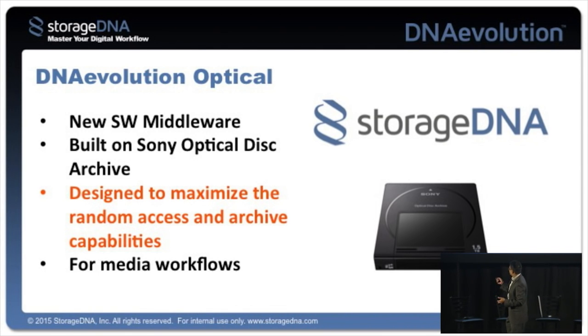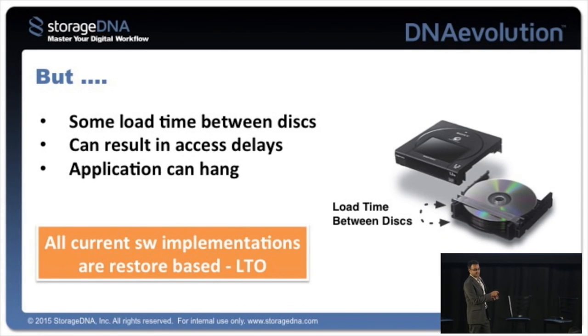One of the first things that we hit comes out of the fact that if you look inside an optical disk cartridge, it has 12 Blu-ray discs on it. Each one of these discs provides random access. But if I have files that are striped across these disks, and I expose this entire cartridge to an Avid, I'm going to start getting disk load times and switch times, which means that from the application or the end user's perspective, it's going to hang.